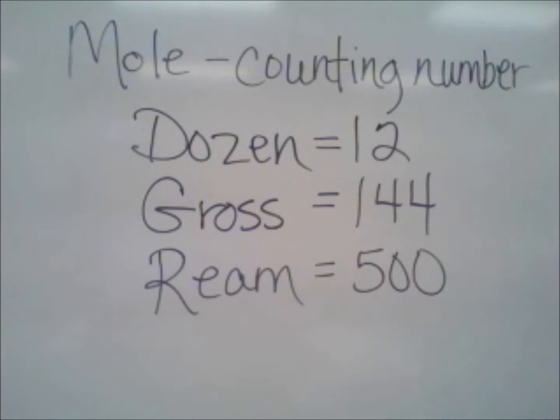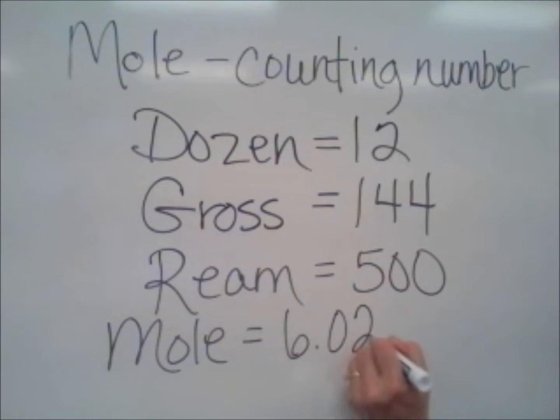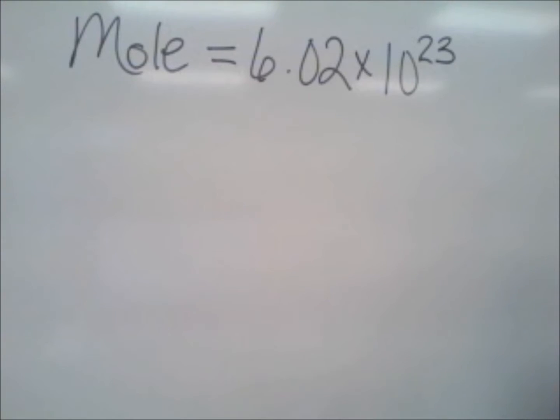When we ask about a mole and how much is a mole, if I'm wanting a mole of anything, I am asking for 6.02 times 10 to the 23rd of whatever I am asking for. So what are we going to count in chemistry?